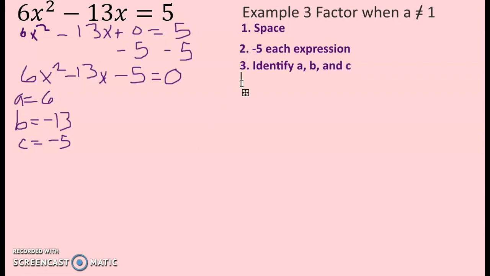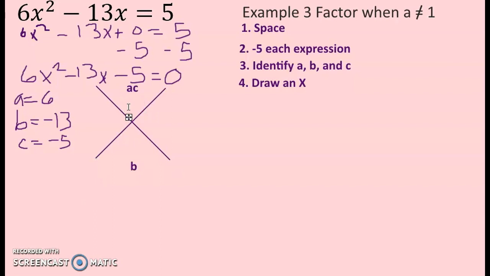Step 4, draw an x. Just like last time, we draw an x and write AC at the top and B at the bottom. Find two numbers that multiply to AC and add to give you B.